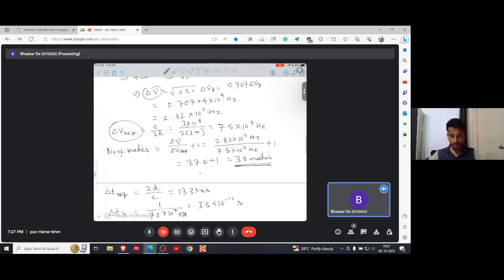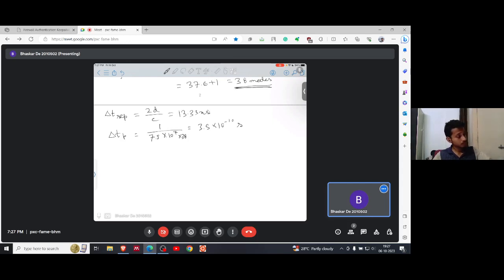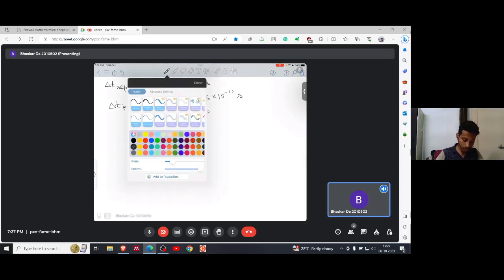From there we calculated the number of modes, which is 38 modes, and then the delta t shape, which is 13.33 nanosecond, and then delta tp, that is 3.5 into 10 to the power minus 10 second. Okay, then I will move to the next problem.